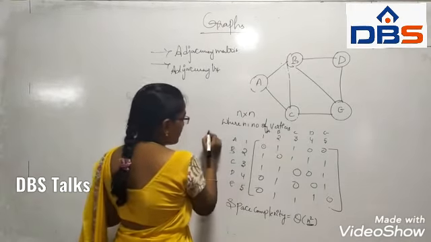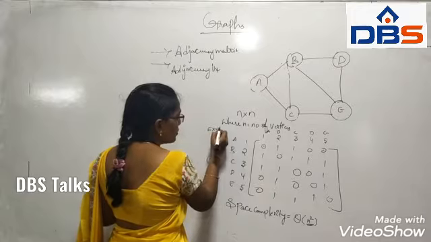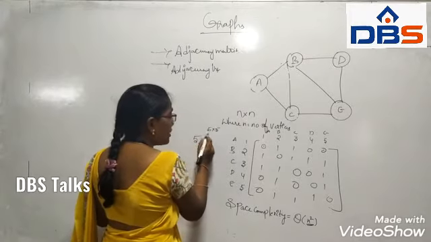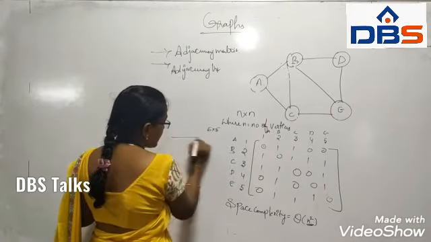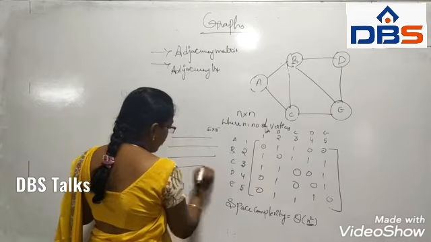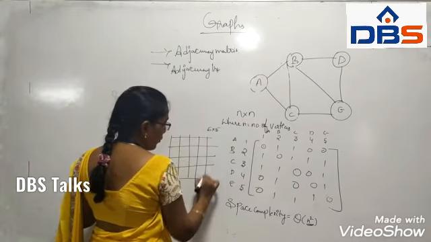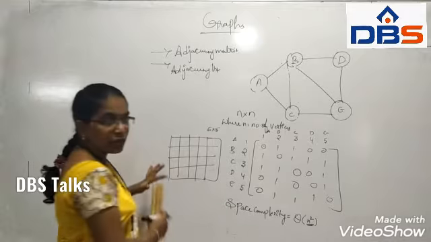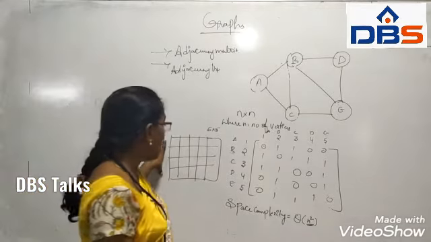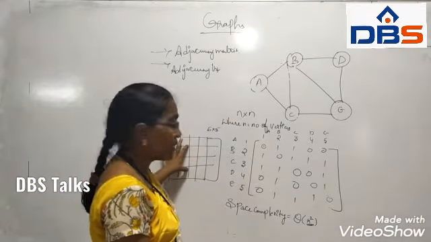Suppose if it is 5 by 5, we have to store 5 rows and 5 columns like this. 1, 2, 3, 4, 5. 1, 2, 3, 4, 5. Just like that we have to store the space in the memory.